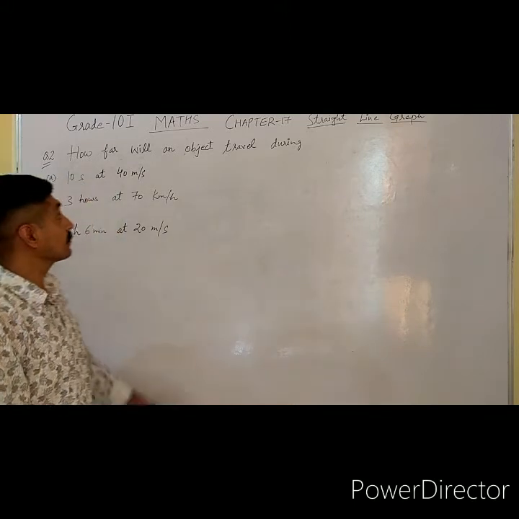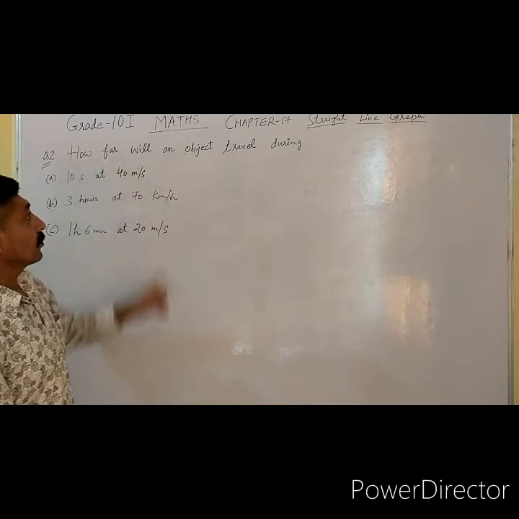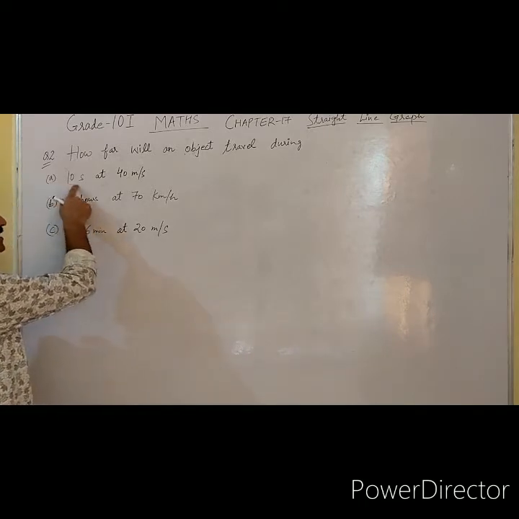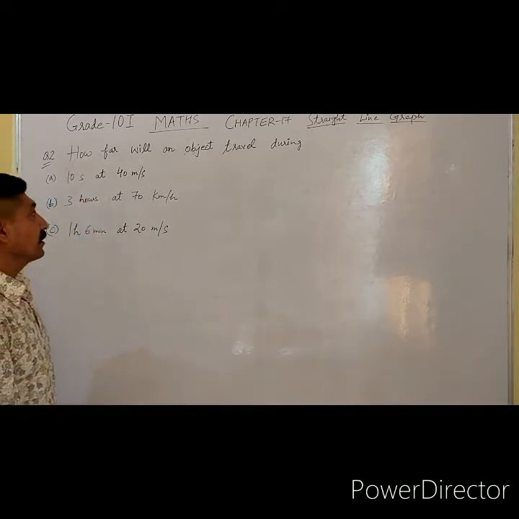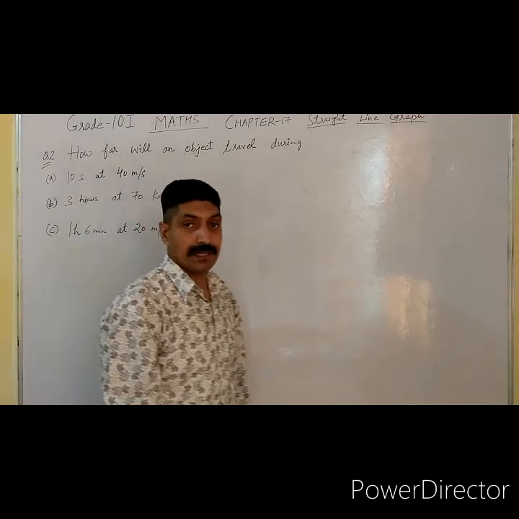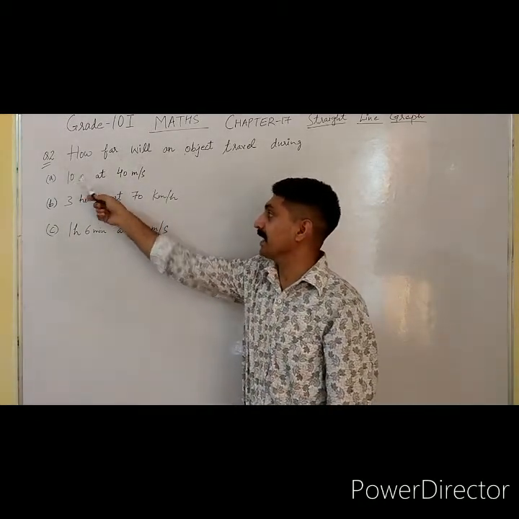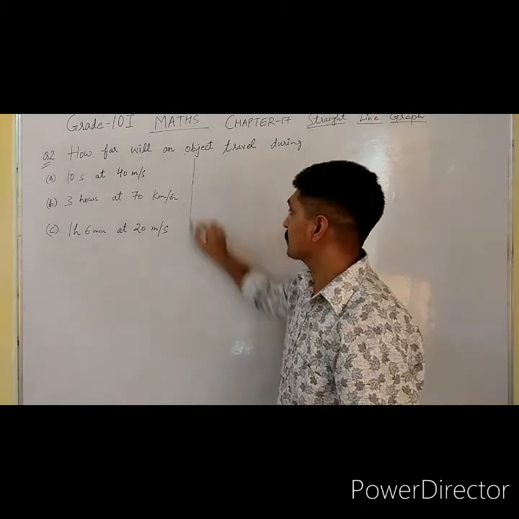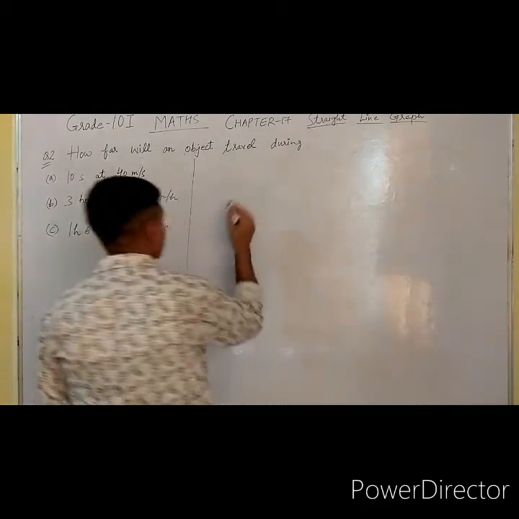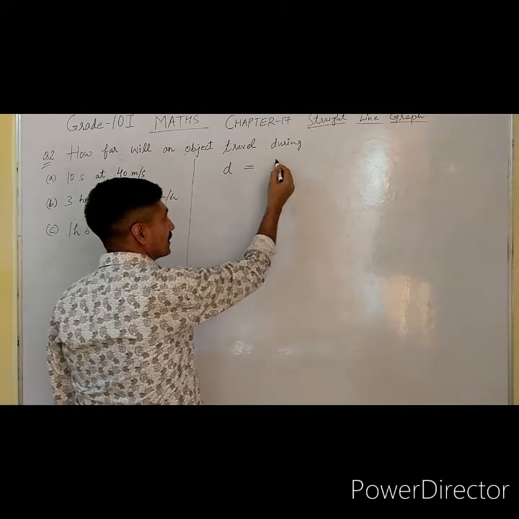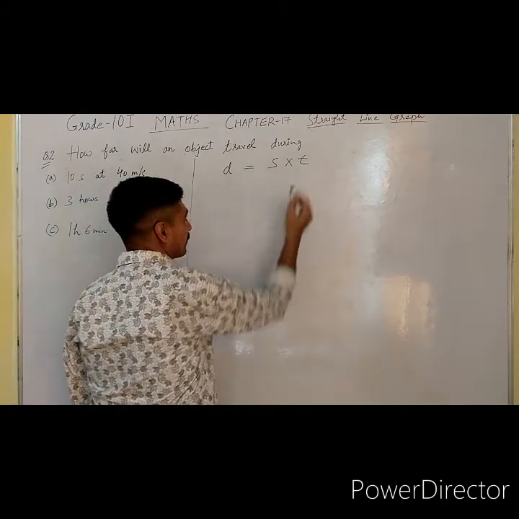The question is, how far will an object travel during A part, 10 seconds at 40 meter per second. The speed is 40 meter per second and the time given is 10 seconds. We know that the distance traveled is equal to speed into time.